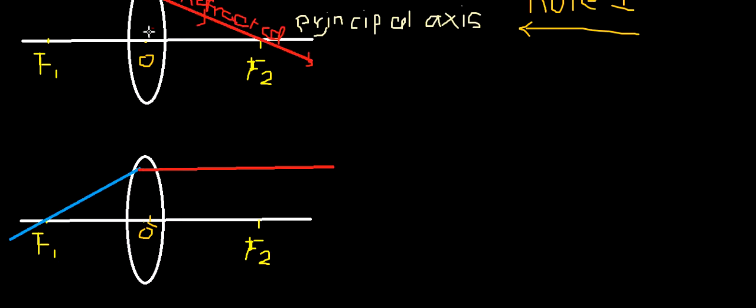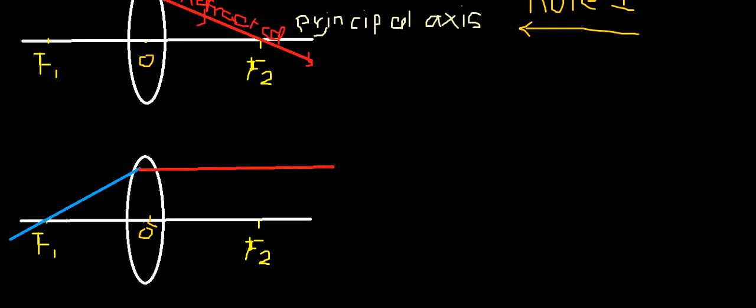So the refracted ray will go parallel to the principal axis. My drawing is not much good. These might not be the perfect ray diagrams that they should actually be.